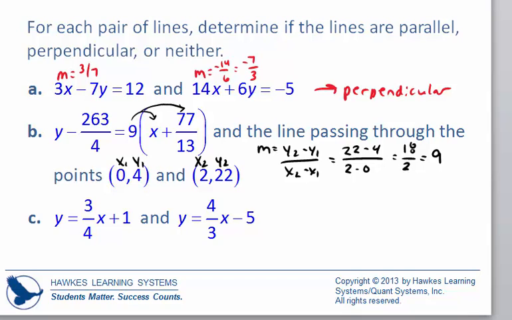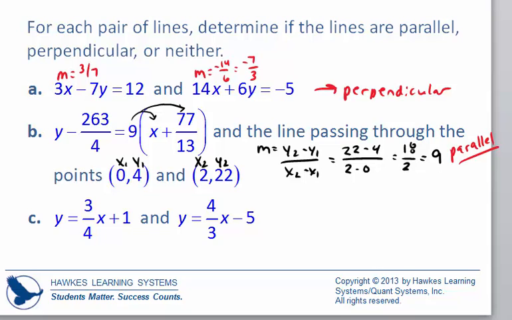What number is going to go in front of the x? Right, a 9. And so we're going to have a slope of 9 for the first equation and a slope of 9 for the second equation. So that means that the lines are parallel because we have equal slopes.